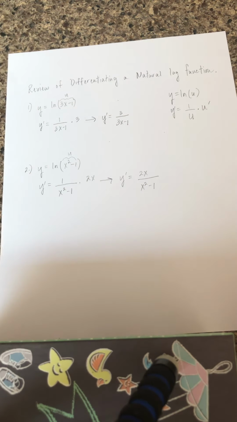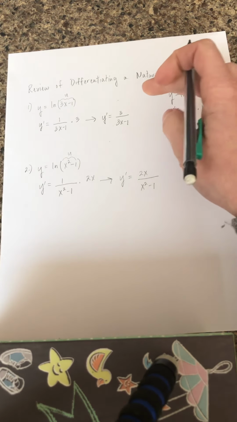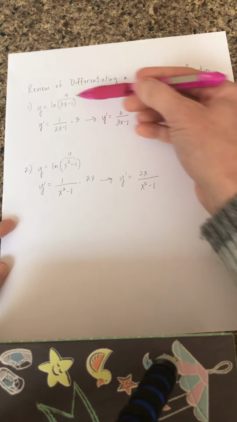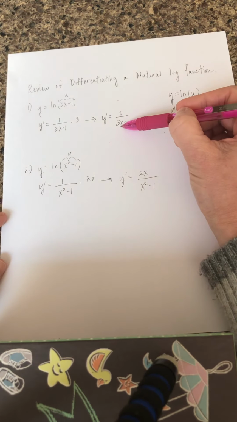All right, so there's something really important to notice about how our derivatives look. The tough part about recognizing that you're going to be involving a natural log function with antiderivatives, well, the problem is that the ln disappears in the antiderivative.